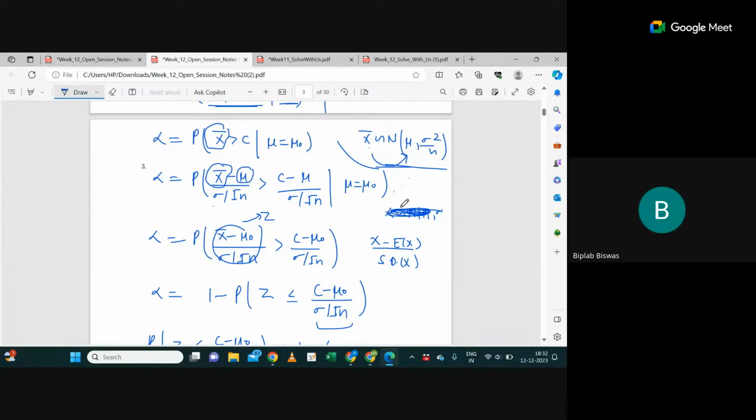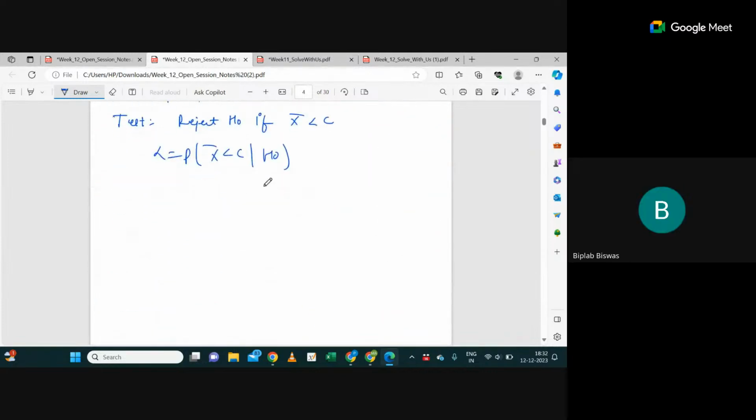It should have root n below, right? Yes, in the denominator sigma by root n. Okay, I got it. It is for a sample, so that's why we are taking sigma by root n.